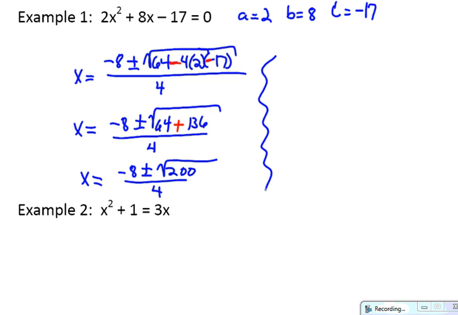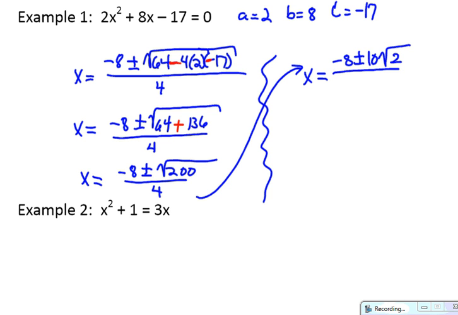So we'll do this little squiggly line and bring that back to the top over here. So that's going to be x is equal to negative 8 plus or minus. Okay, we'll break our 200 up into 100 times 2. So that's going to be 10 radical 2 all over 4.